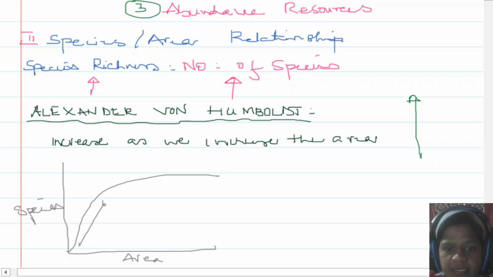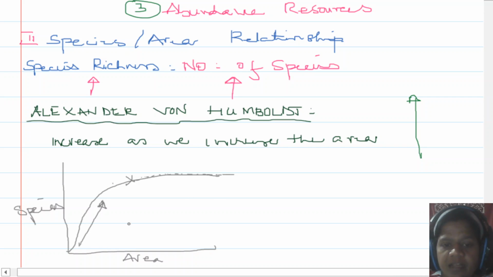Not speedy, but you find a lot more species when you start off initially. But at a certain point, it plateaus off, and there isn't a lot of increase in the number of new varieties of species that you find in that particular area.